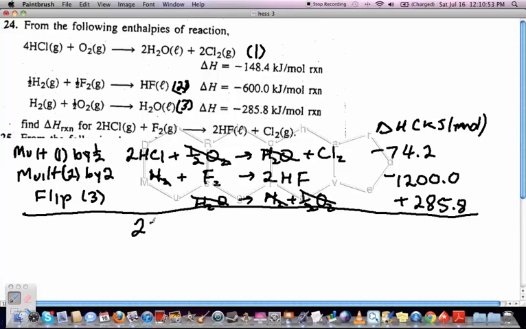Now what I'm left with would be the 2 HCl plus the F2 gives 2 HF plus Cl2, and the final answer there would be negative 988.4 once we add everything together. Alright.